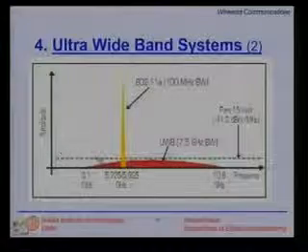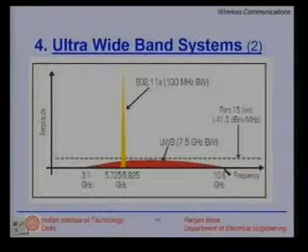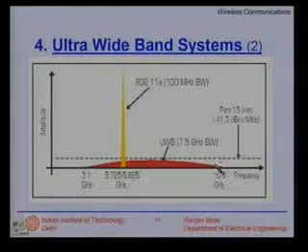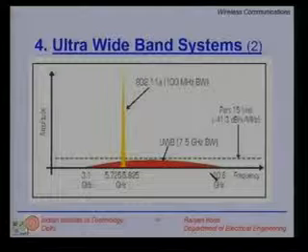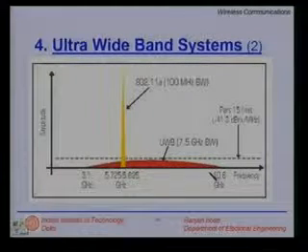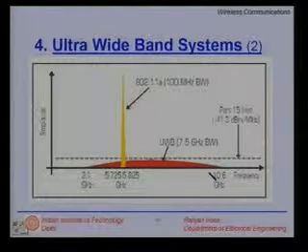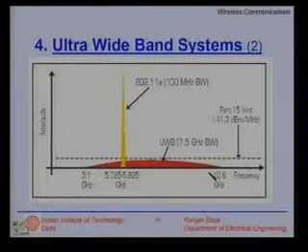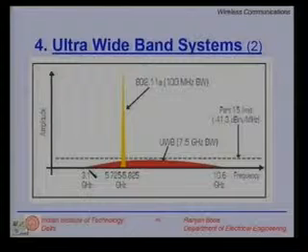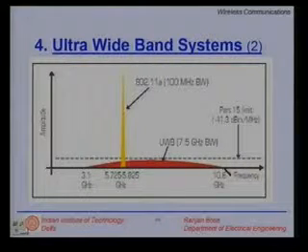Yes. In this slide, we have the frequency domain representation for the UWB systems. In the red, you see the frequency band allocated for the IEEE 802.15.3. It starts from 3.1 gigahertz up to 10.6 gigahertz.